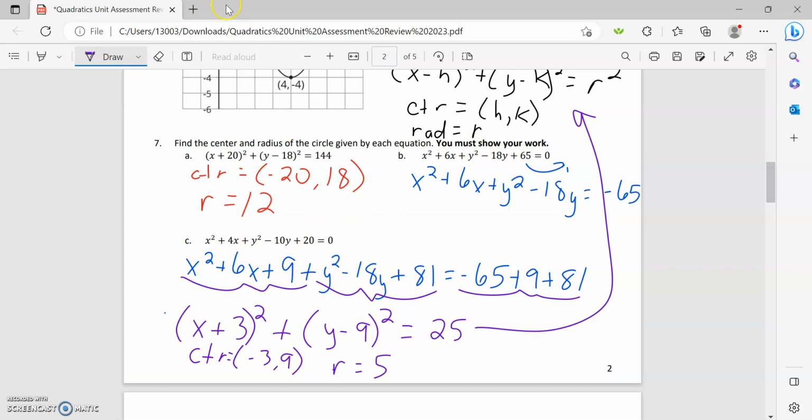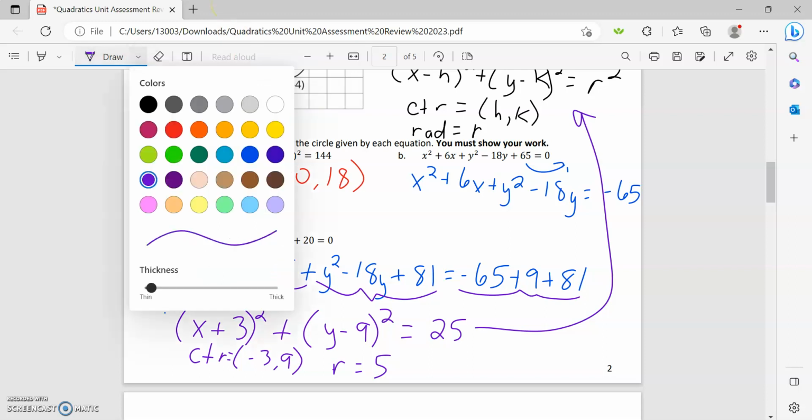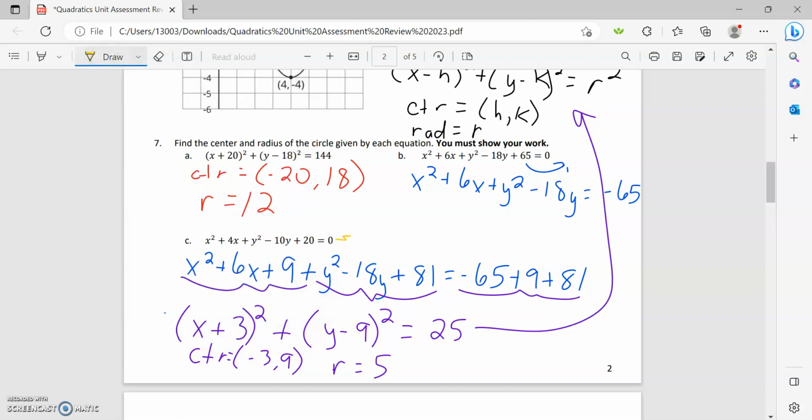Here, if you really want, I guess I could take a minute and go totally off the wall color here. I'm going to move this. What I would do for this one, so I would say x squared plus 4x plus 4. Half of 4 squared is also 4. Plus y squared minus 10y plus half of negative 10, negative 5 squared, so plus 25.